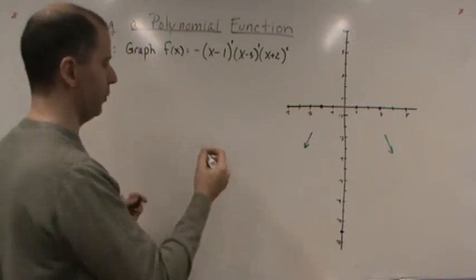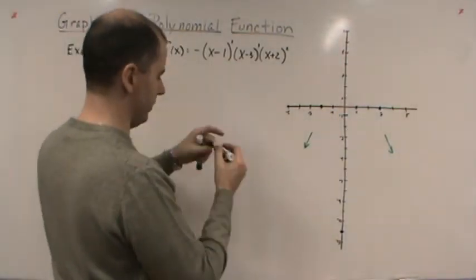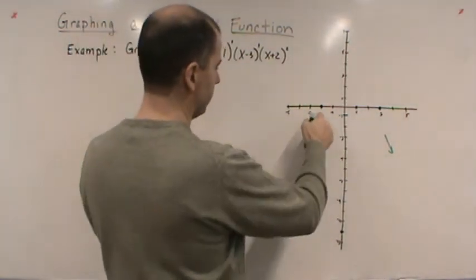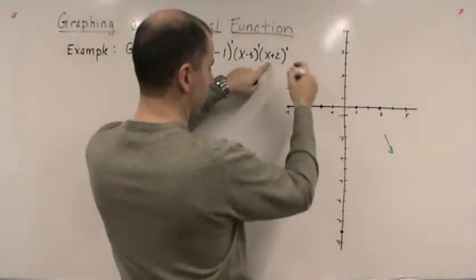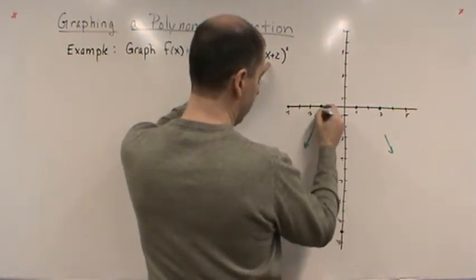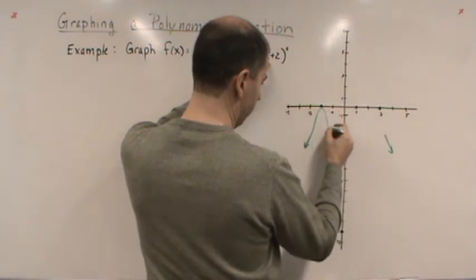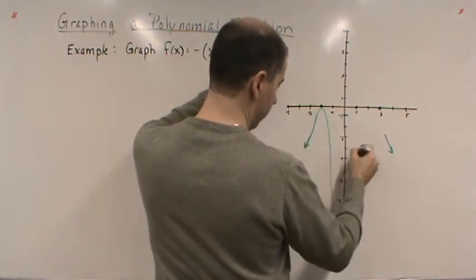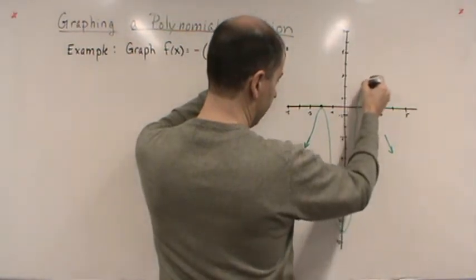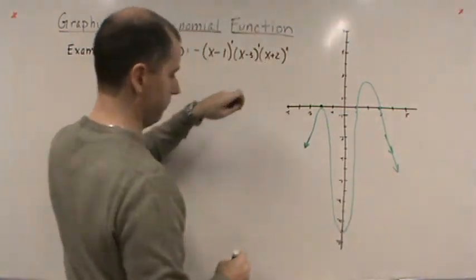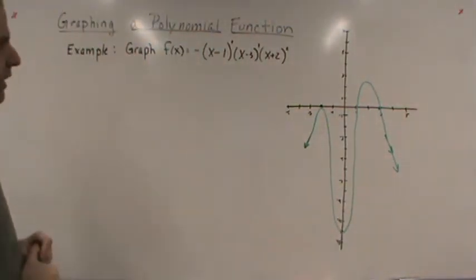So here, what I'm going to do is, I know it's going to touch here at -2 because of the even multiplicity. So it's going to go up. And it's going to maybe do something looking like this. And let's say maybe it does something like that. Maybe it looks something like that.